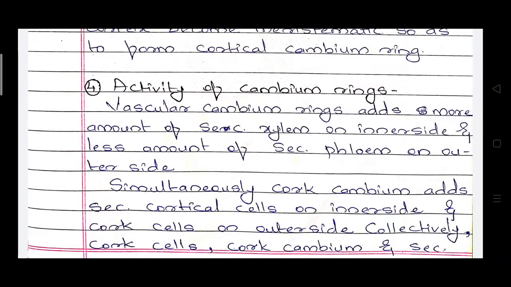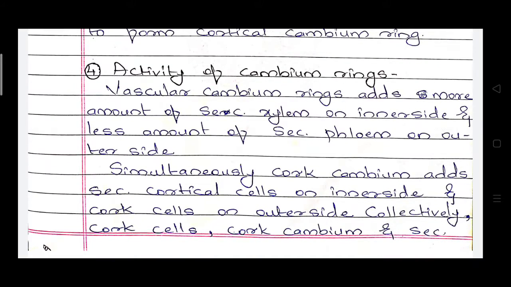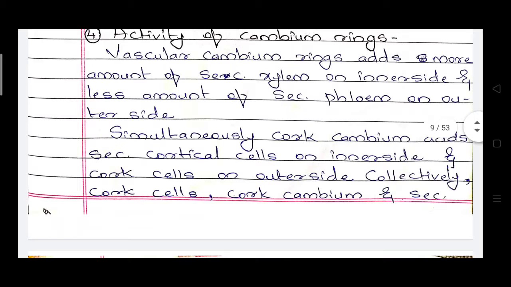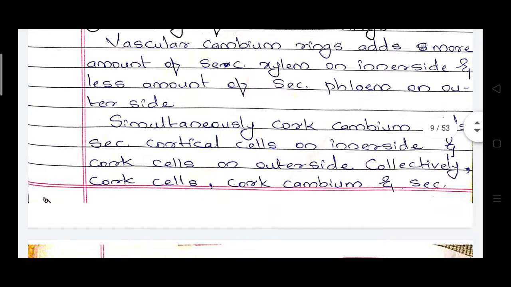Next, about the activity of the cambium rings. The vascular cambium ring adds more secondary xylem on the inner side and less secondary phloem on the outer side. When these rings develop, secondary xylem is added at the inner side and secondary phloem on the outer side, with secondary xylem produced in more amount and secondary phloem in less amount.